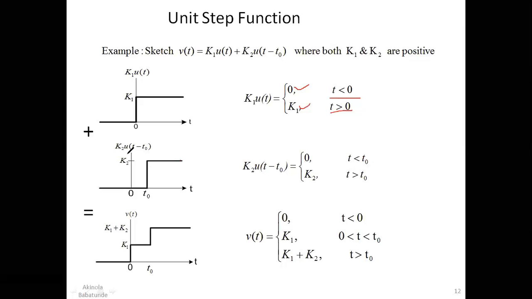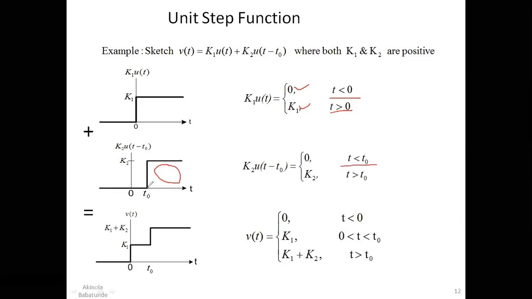Then for k2 u of t minus t naught, we also have a representation of these. What you see is that there is a shift here to the right, so we have a t naught here. So t minus t naught gives us an area here, that area of interest. First of all, k2 u of t minus t naught will be equal to 0 for all t less than t naught.